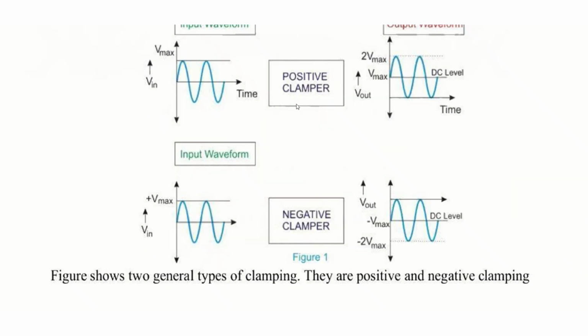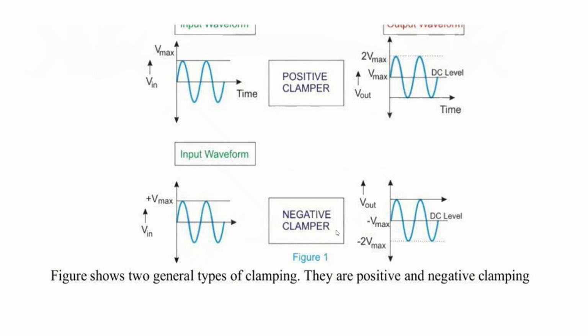This is the basic form of clamping. Clamping is broadly classified into two types: positive clamping and negative clamping. In the case of positive clamping, the input waveform applied is shifted entirely in the positive direction, above the reference line or DC line.